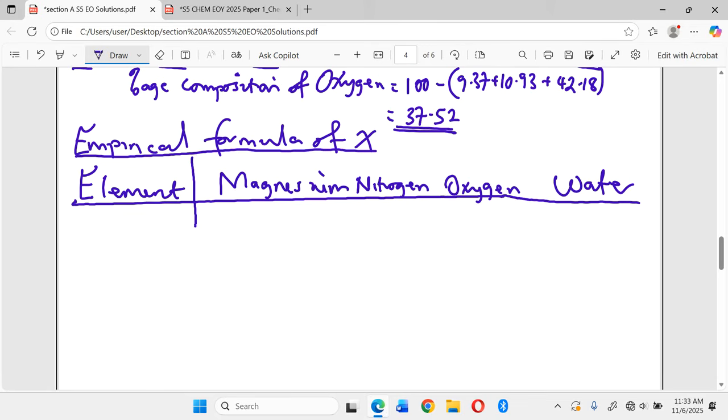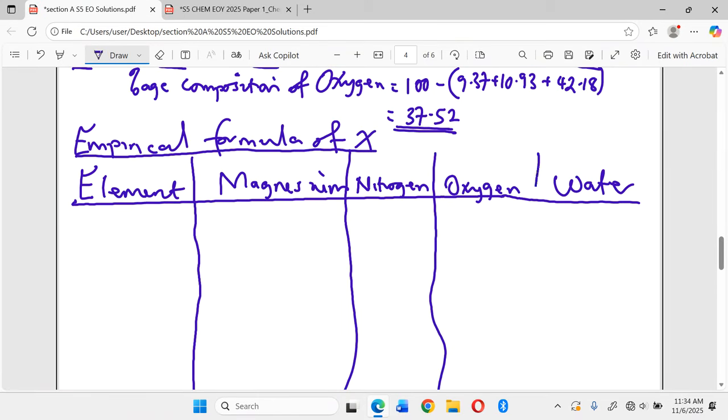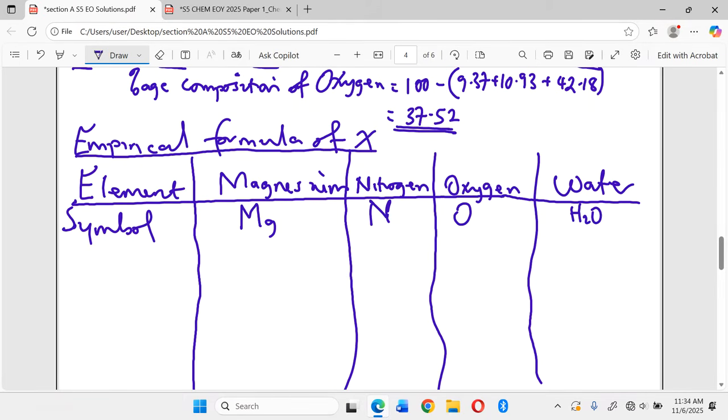So we have our line here, we have magnesium here. Don't worry about the lines if they are crooked. Okay, so we have the symbol. Let's also look at the symbol, but we are going to be fast. Symbol is magnesium, we have nitrogen, we have oxygen, and we have water.